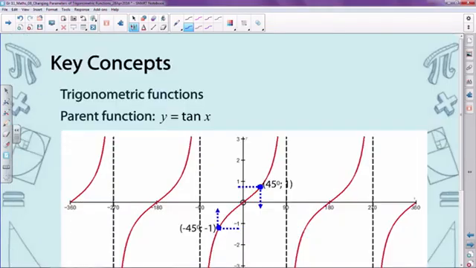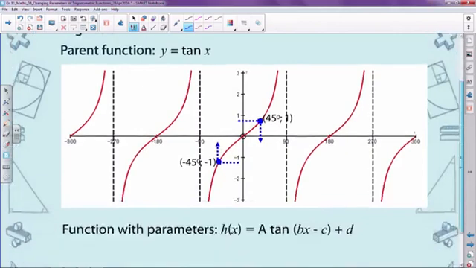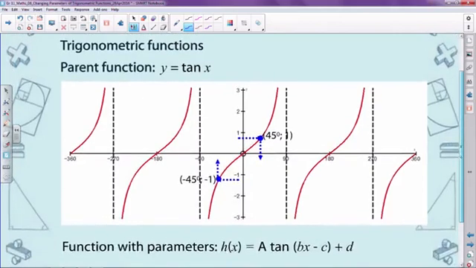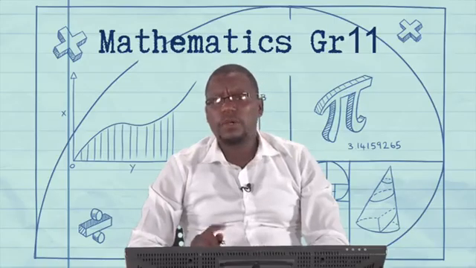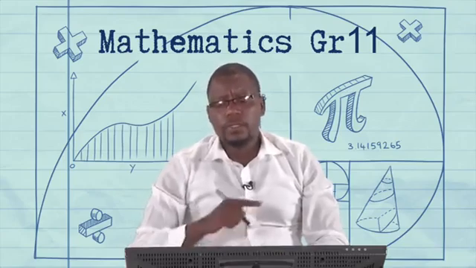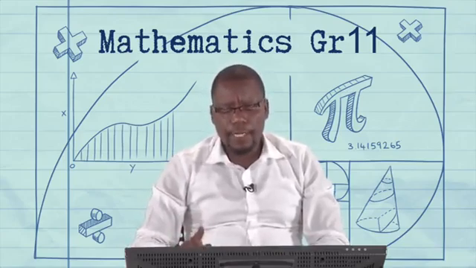Now, we looked at your y equals tan x, which is your parent tangent graph. The only thing that we looked at in grade 10 was your amplitude. Now, be extra careful with your amplitude of tan, so it's not defined.